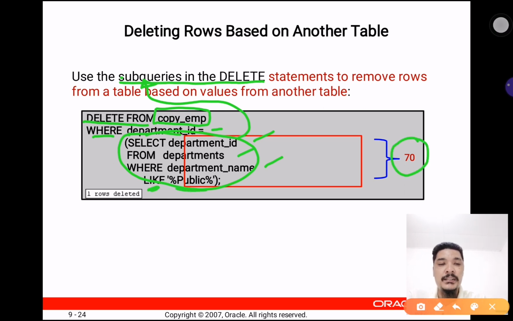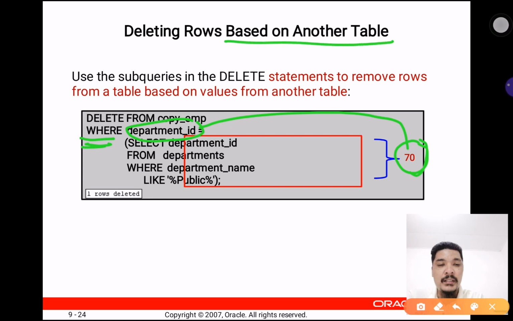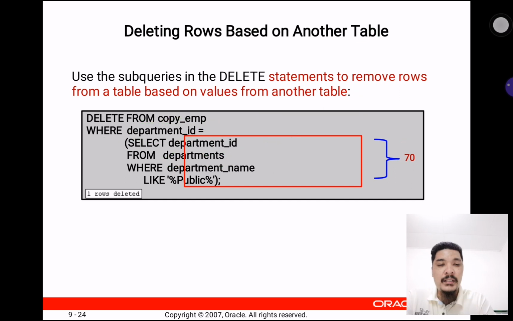The output is 70. So the statement will delete all the rows with department ID equal to 70. This is what we call deleting a specific row, because we are using a where clause here, but we can delete the rows based on another table, the department table here. Let's move to the next one.